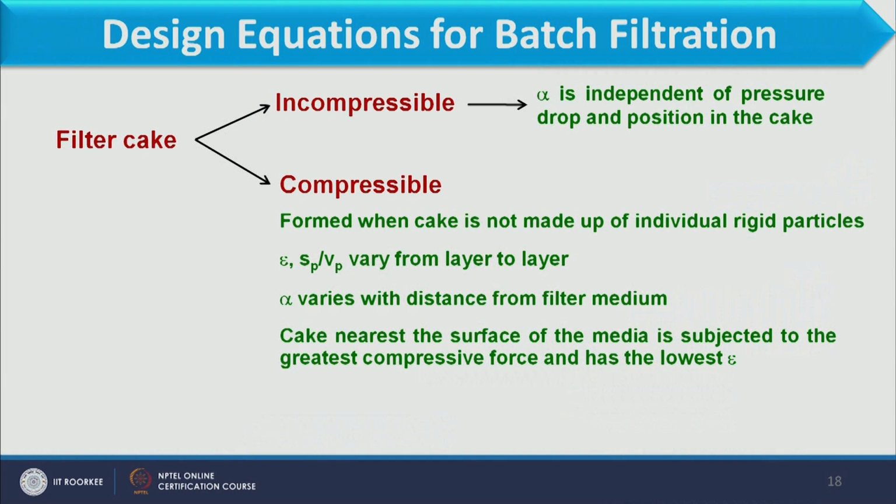So as compressibility increases, resistance increases, so alpha will vary from the initial layer to the final layer, which is near the media. Now the cake nearest the surface of the media is subjected to the greatest compressive force and has the lowest epsilon, as we have already discussed, because the slurry is coming from this side, so all particles available in the cake compress the initial layer.